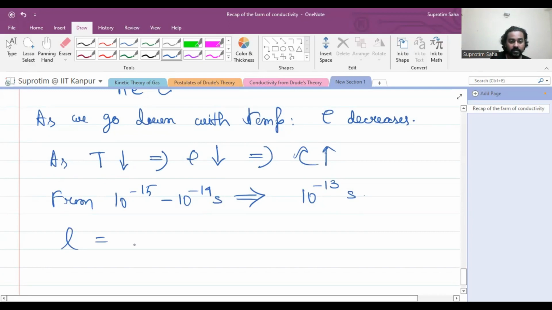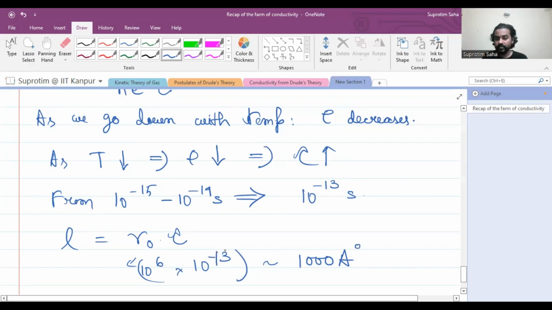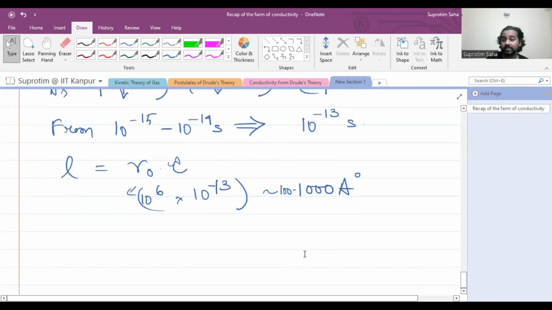So L, which is V naught times tau, where V naught has become 10 raised to 6 and tau has become 10 raised to minus 30, is of the order of 1000 angstroms, or 100 to 1000 angstrom. All right. So it's a drastic change in the mean free path of the electrons.